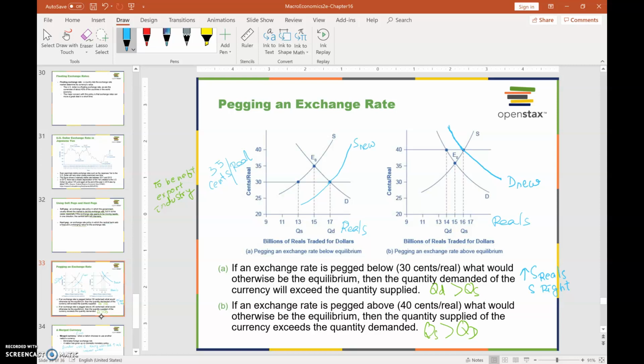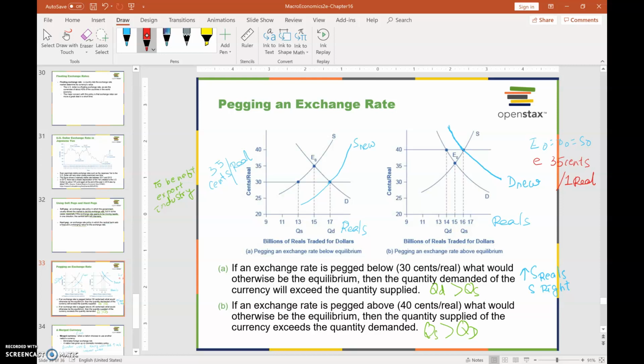The exchange rate is showing me 35 cents per real is the equilibrium exchange rate. So initially I'm at point E0 where the demand curve is intersecting the supply curve, and I have an exchange rate which is equal to 35 cents per 1 real.